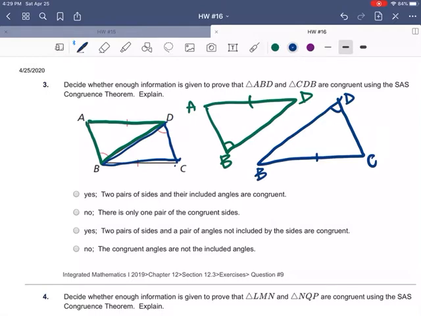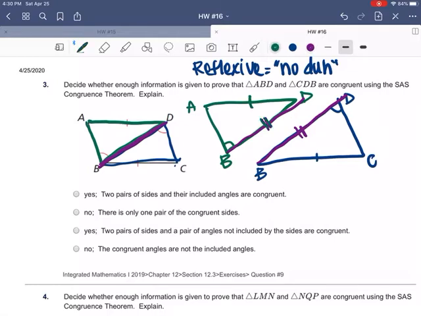Okay, we are given a couple markings here. I'm going to mark a third thing. This is what's called the reflexive property. What it says is a line is equal to itself. So this line right here, BD, is equal to this line right here, DB or BD. So BD is equal to BD. So we have a third thing marked now.